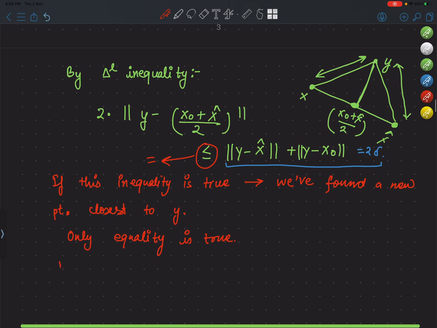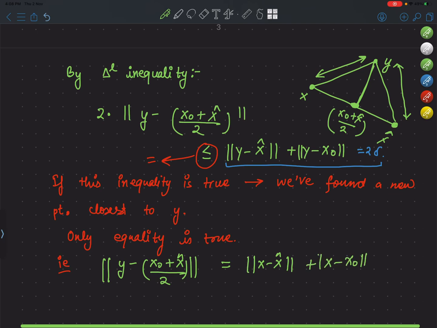That is, ||y − (x₀ + x̂)/2|| is equal to (||x − x̂|| + ||x − x₀||)/2, equal to 2 delta, which implies x₀, x̂ and (x₀ + x̂)/2 are all the same point.